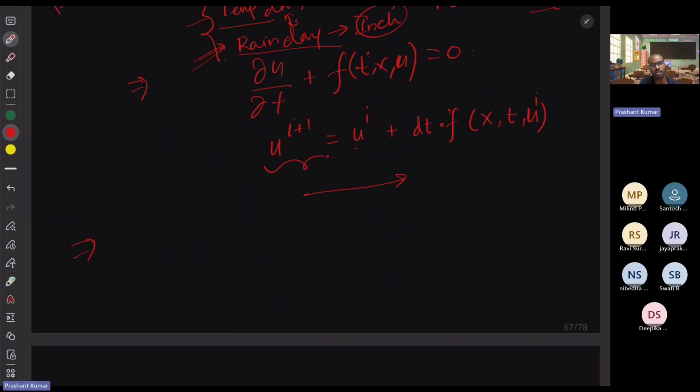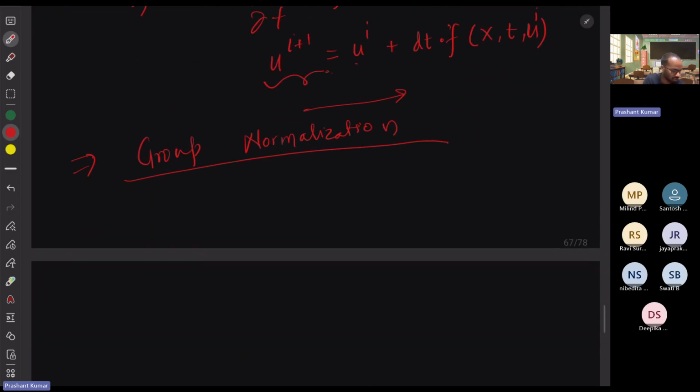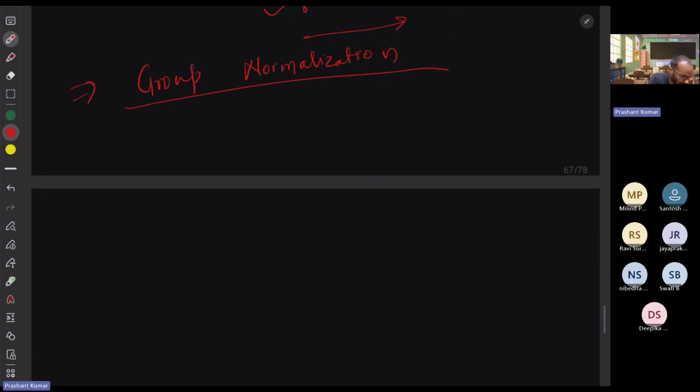Now we are going to discuss a little bit about group normalization. Since we have understood batch normalization, understanding group normalization is very easy. In group normalization, I have an input of 32 cross 32 cross 3. From the K kernels, my output has become 32 cross 32 cross K. Then I am taking the mean over these K values.